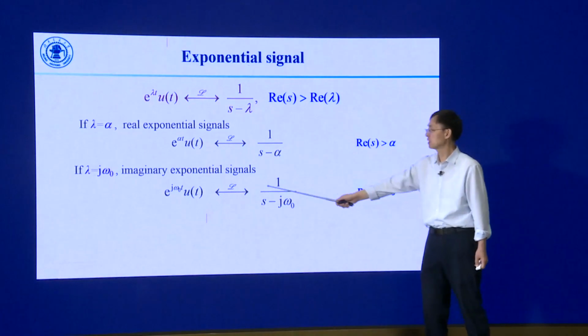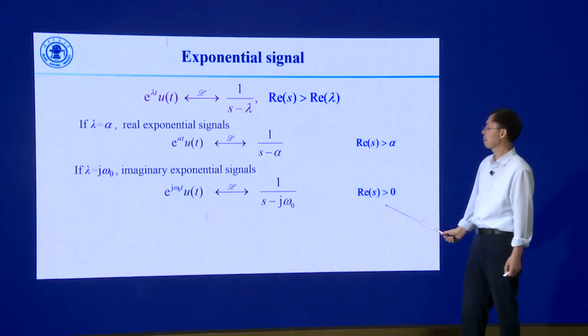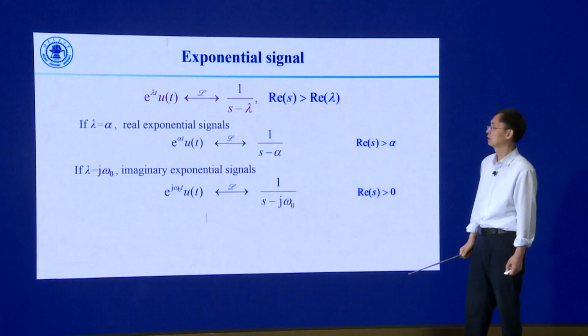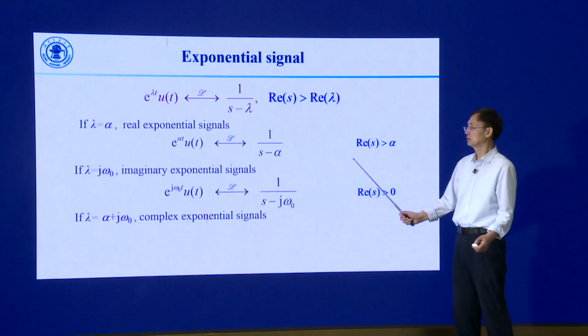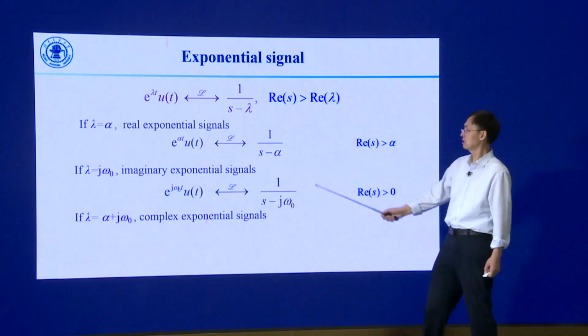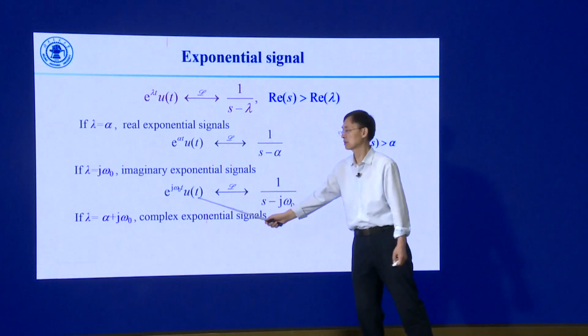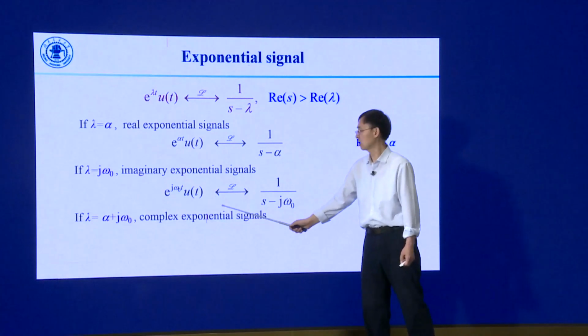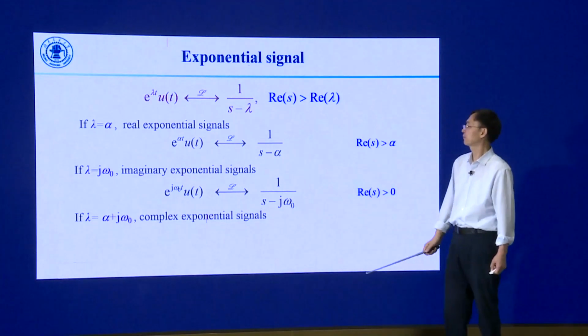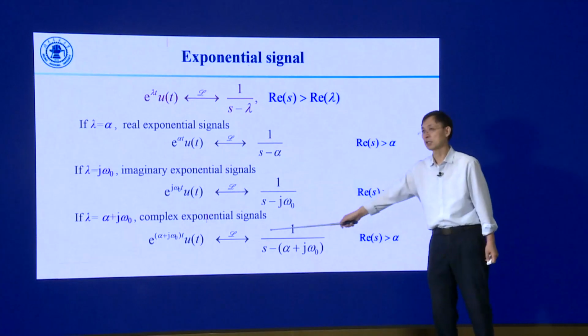We can get this expression. If lambda is a complex number, the signal is a complex exponential signal. We can get this expression.